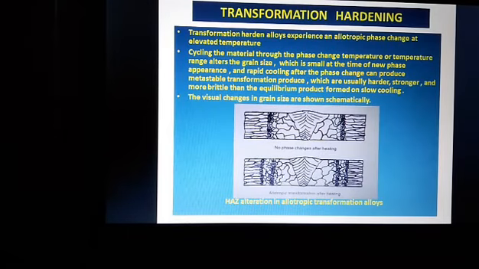Transformation hardening. Transformation hardening alloys experience an allotropic phase change at elevated temperature.